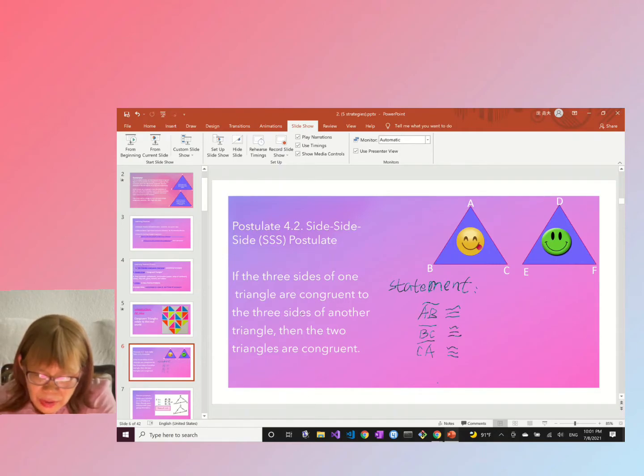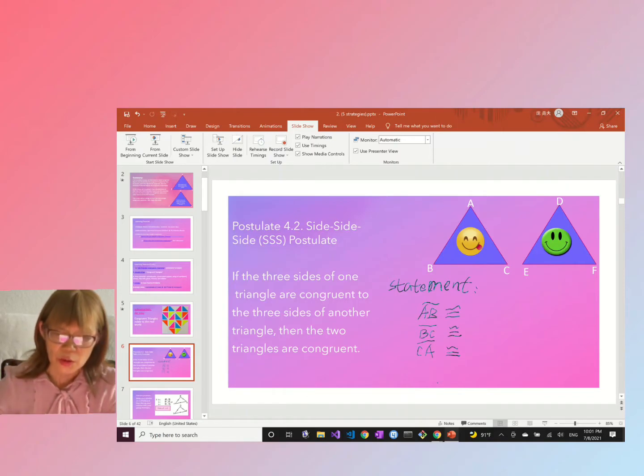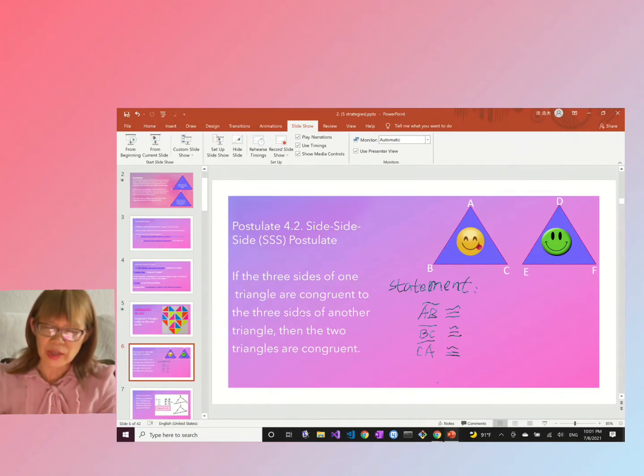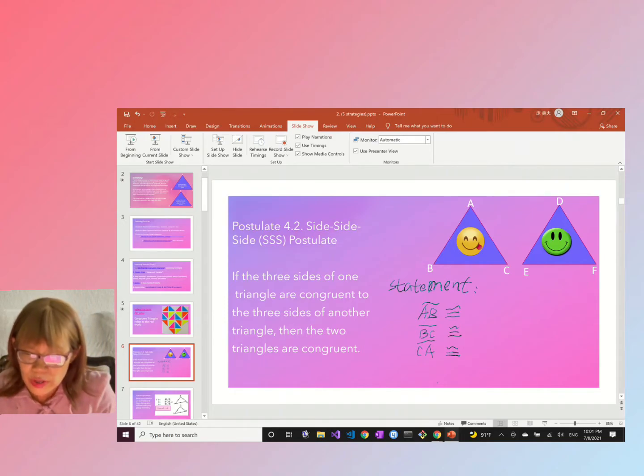So this side congruent, straight here because it's difficult for me to write on the screen. So like that, okay? Congruent to the three sides of another triangle. Here, Leslie, you pay attention, okay? Another triangle means this one with the green happy face, okay?